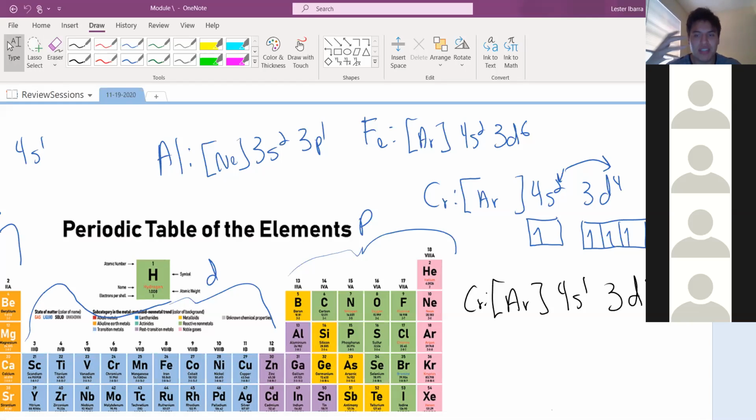So it would be most stable with either 5 electrons or 10 electrons. From 3d4 to 3d5, we only need 1 more electron to make it half. We take the electron from 4s2 and add it to 3d5. And now they're both half full because S can have 2 electrons, since it only has 1 box, and half of 2 is 1. Does that clarify?